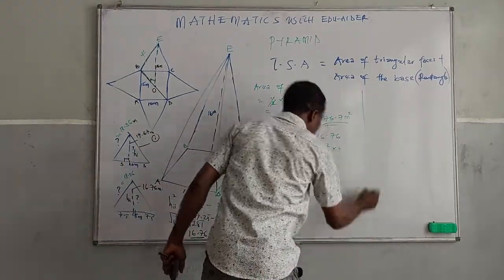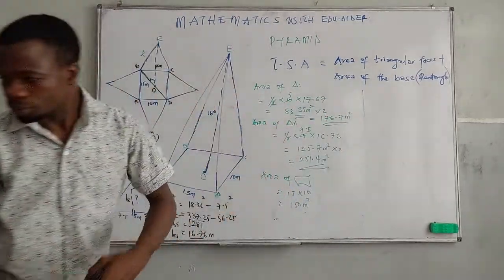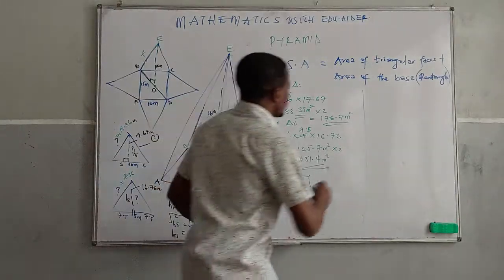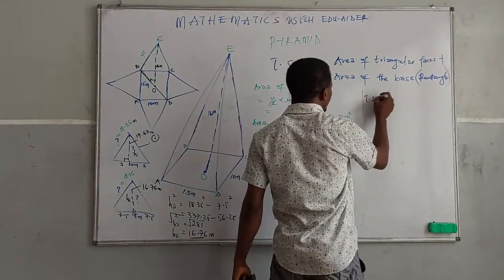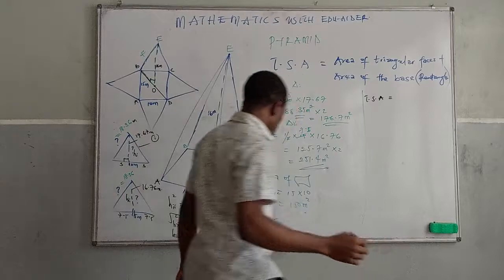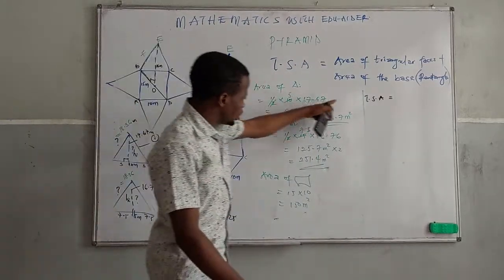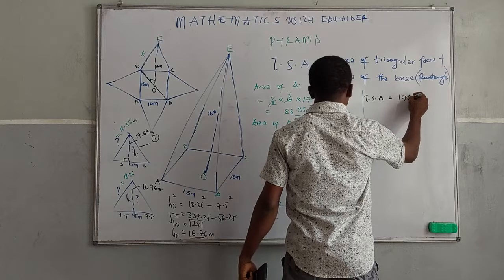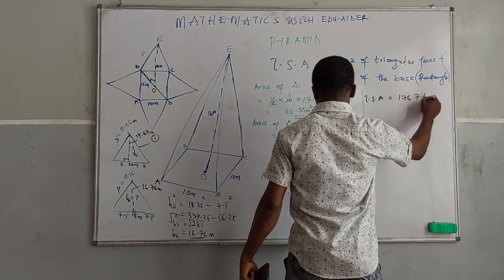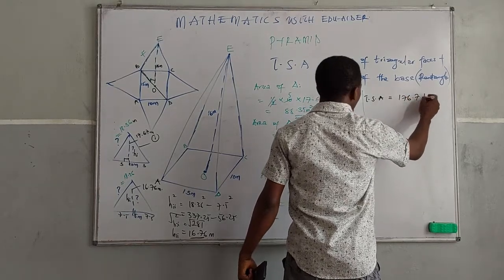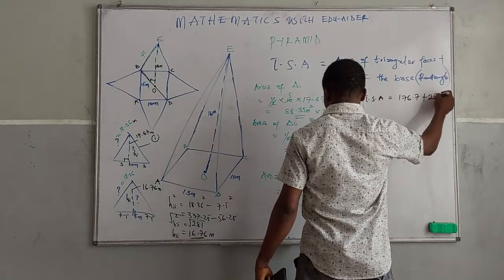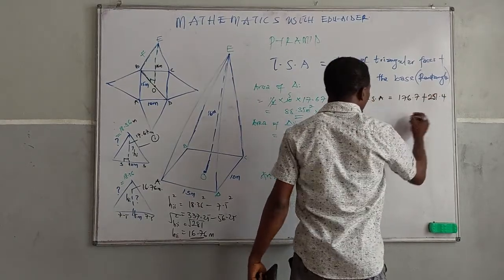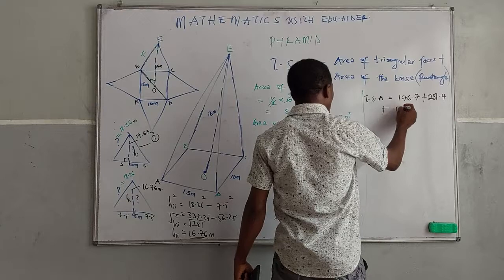So we can now calculate our TSA. It now becomes what? Summation of all the areas, this plus this plus this. It now becomes 176.7 plus 251.4 plus 150.